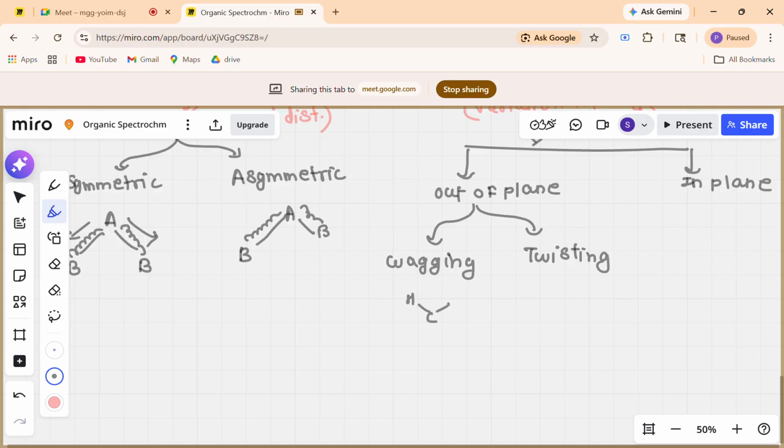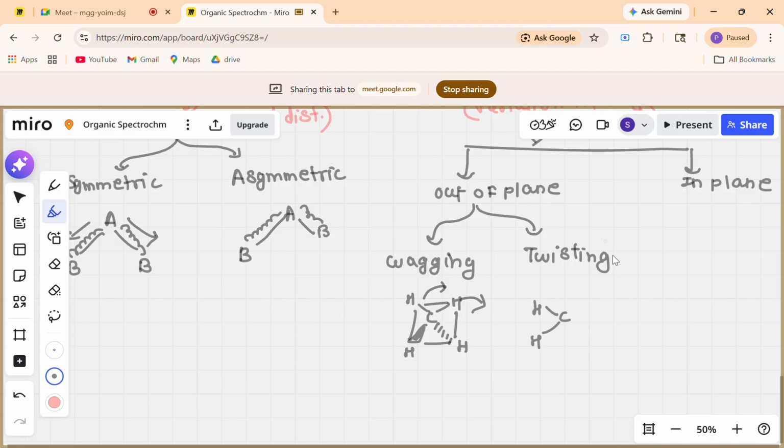So let us consider the example of your CH4 molecule. If we fix the two bonds, the wedge bond and the dash bond, and the other two hydrogens are coming out of the plane, then the corresponding motion is called your wagging motion.